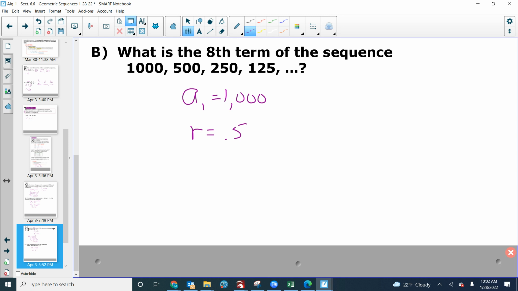Okay, we're finding the 8th term. What's my first term? A grand. My ratio is what? 0.5. What am I raising it to? 7 minus? Well, that's right. I said the answer. It's 7. That's what should be in your calculator.